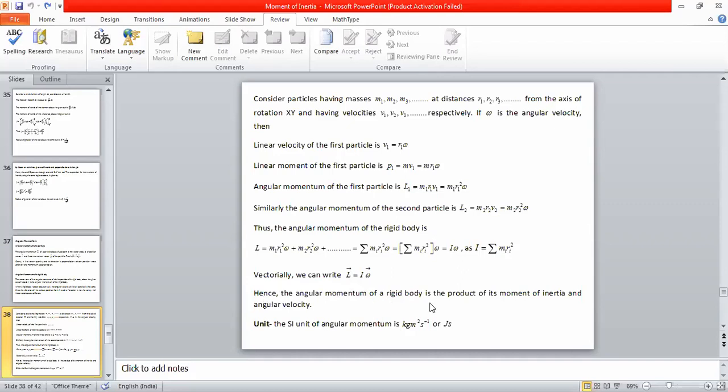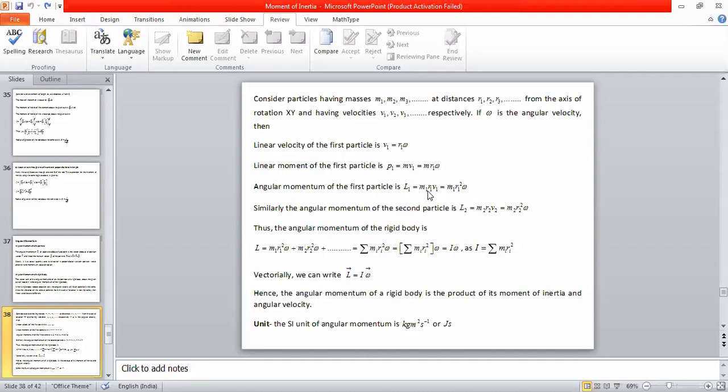So that's what I have written here. The angular momentum of a rigid body is the product of its moment of inertia and angular velocity. The SI unit of angular momentum is kg meter square per second. Angular momentum is m1 r1 square omega: for m1 it is kg, for r it is meter, r1 square is meter square, and for omega it is radian per second.